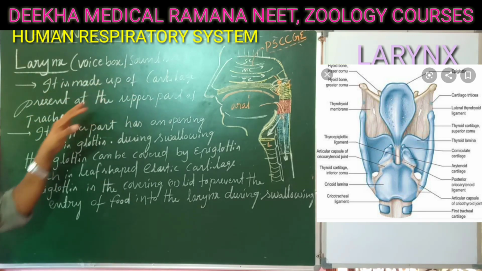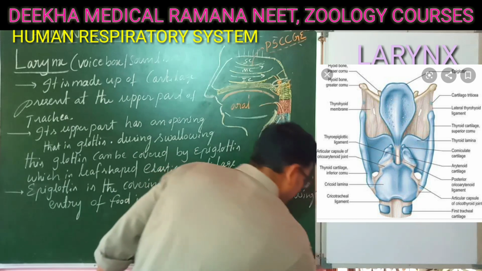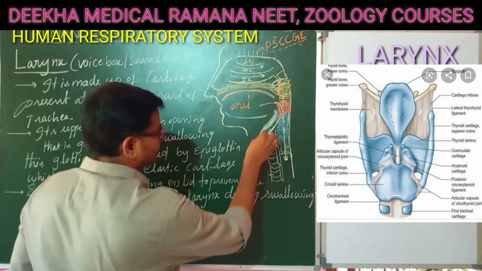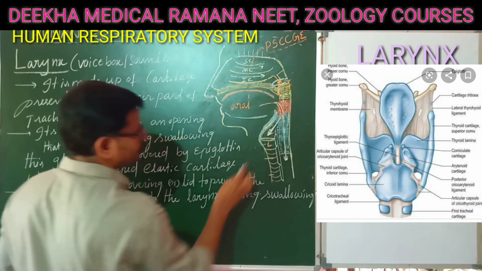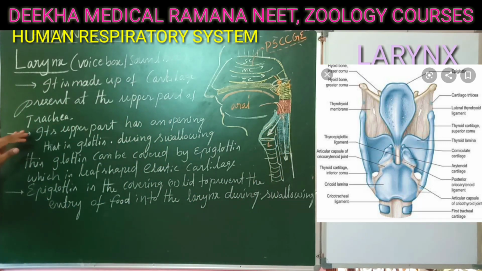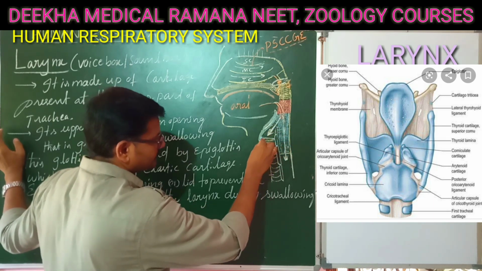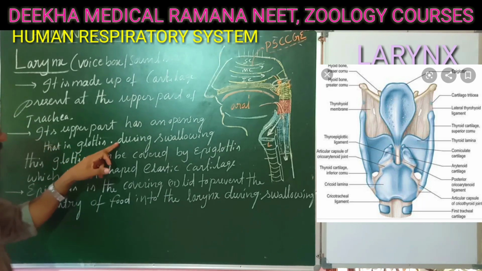It is made up of cartilage present at the upper part of the trachea, right? If you see the upper part of the trachea, there is a specialized structure present. The opening part of the larynx is called the glottis.